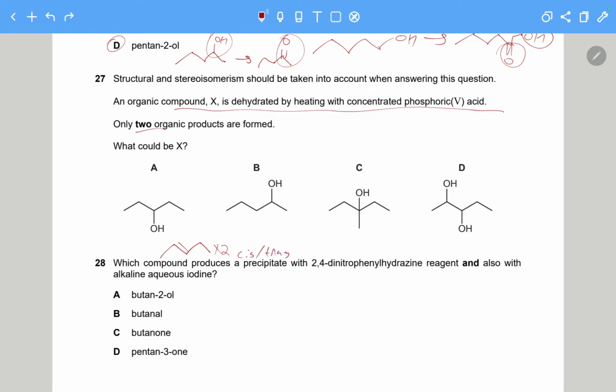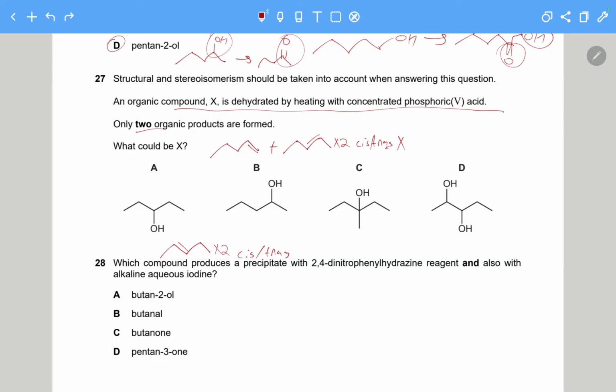And then the next one, when we dehydrate this, we can either have this alkene, or we'll also have another alkene, which is this one, and this will be 2, cis and trans. So that's a total of 3 alkenes, which is not good because we only want 2 organic products, not 3.